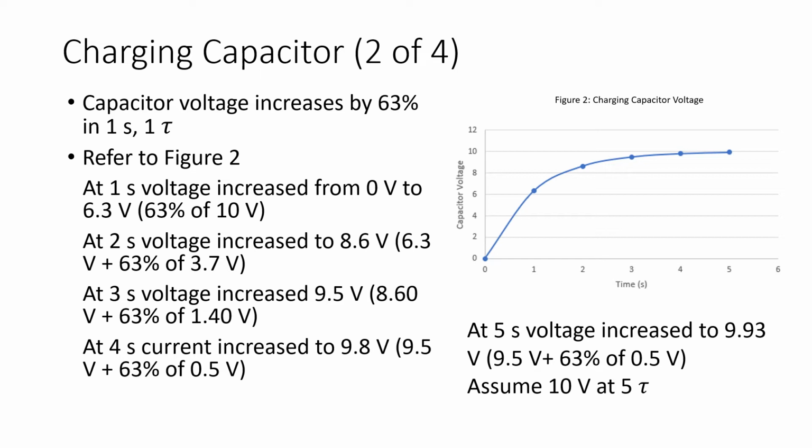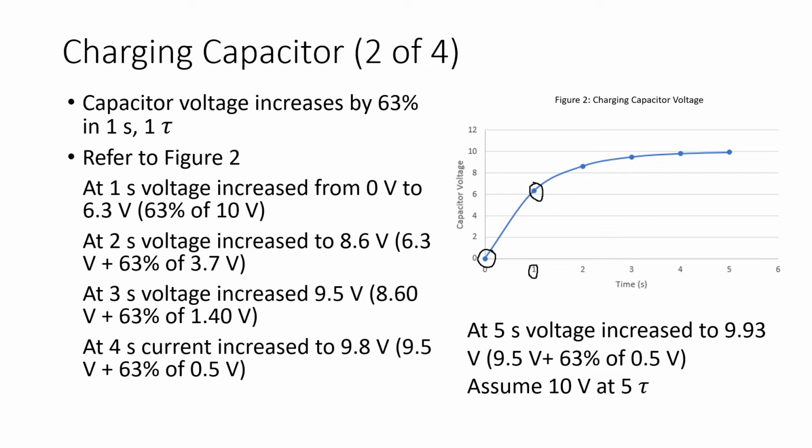The instant the switch is placed in position 1, the voltage across the capacitor is 0 volts. However, at 1 second, the capacitor voltage will have increased by 63% to 6.3 volts. Again, this is 63% of the maximum voltage, 10 volts.